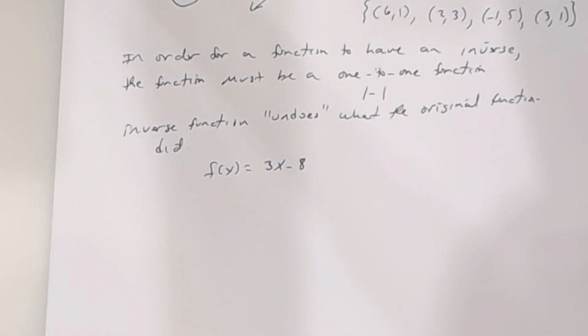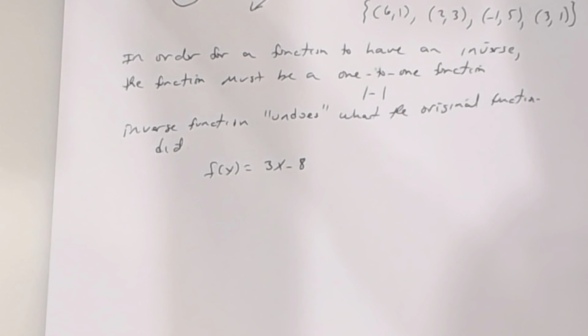The two operations that this function f of x does is, if I take a value for x, what does that function do to that x? It does what first? Multiplies it by 3, so multiplication, and then what? Subtracts 8. Is that an 8? Yes.